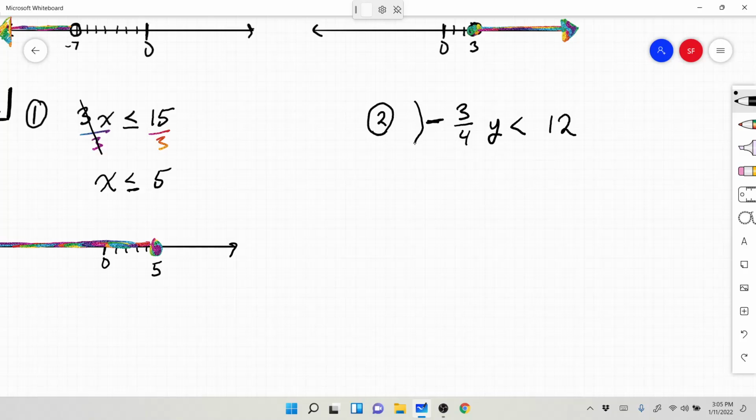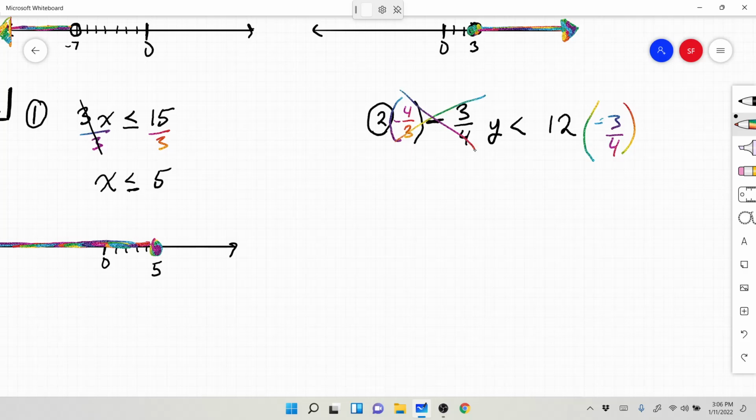Now, here's where this gets different. Whenever you multiply or divide an inequality by a negative, it flips this sign. Okay.